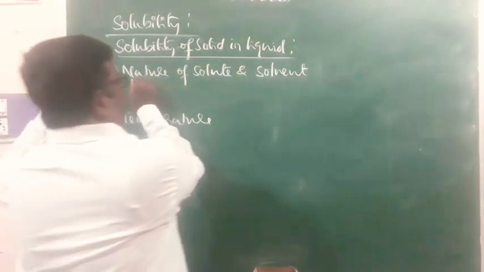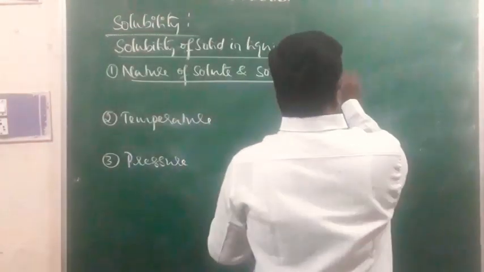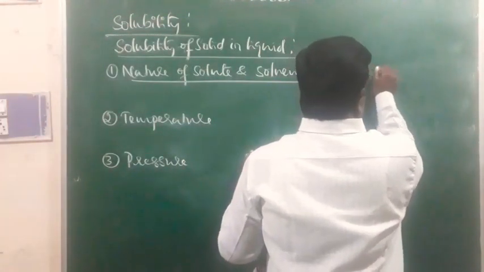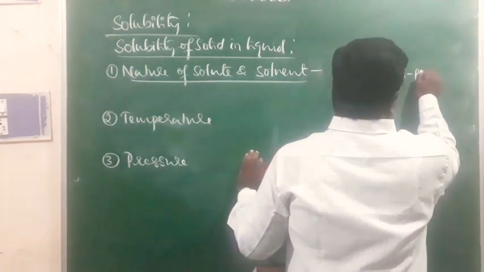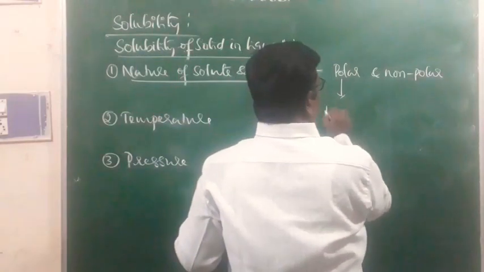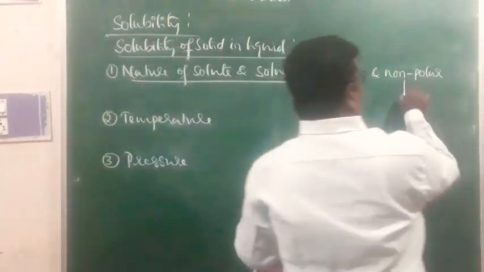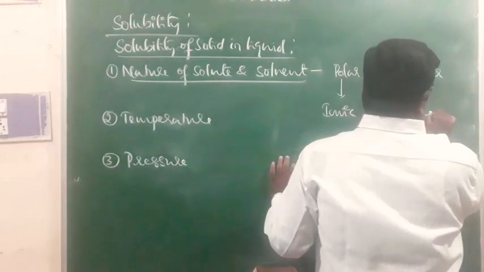As far as the nature of the solute is concerned, we come across varieties of solutes, like polar and non-polar solutes. Under polar, you come across ionic solids. Under non-polar, you come across covalent solids.